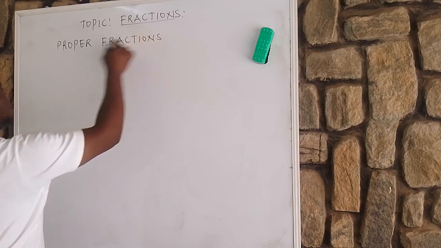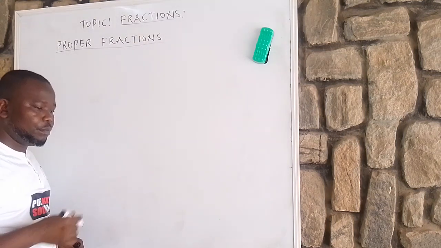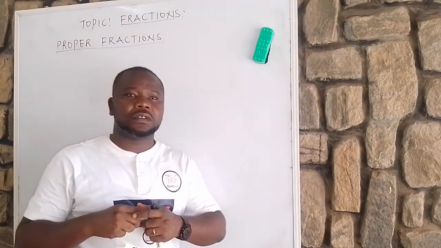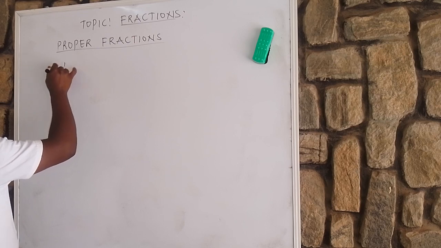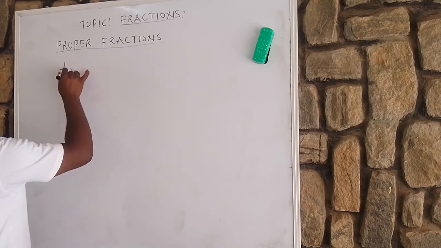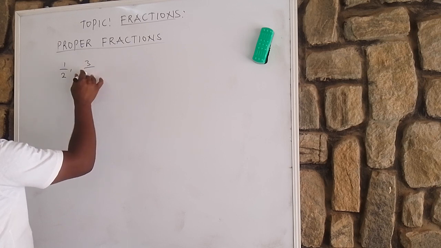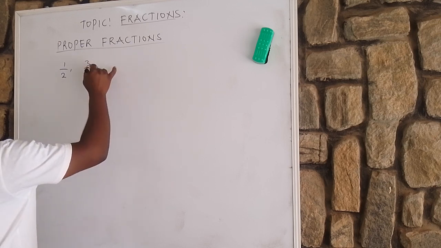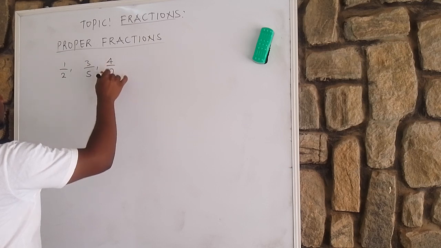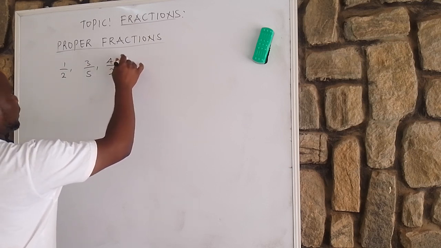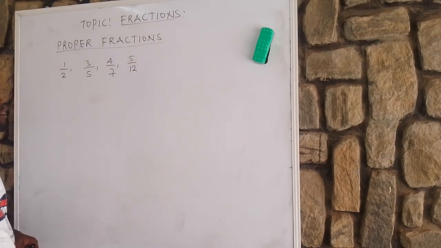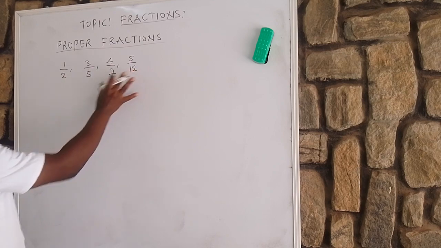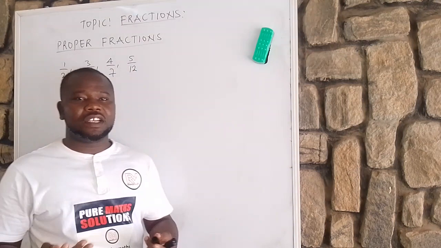When we say proper fractions, they are of this form: 1 all over 2, 3 all over 5, 4 all over 7, 5 all over 12, etc. We call them proper fractions.